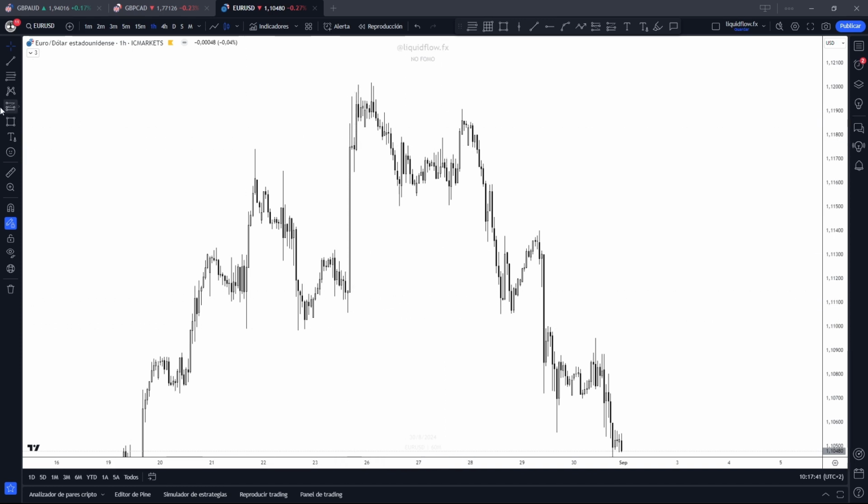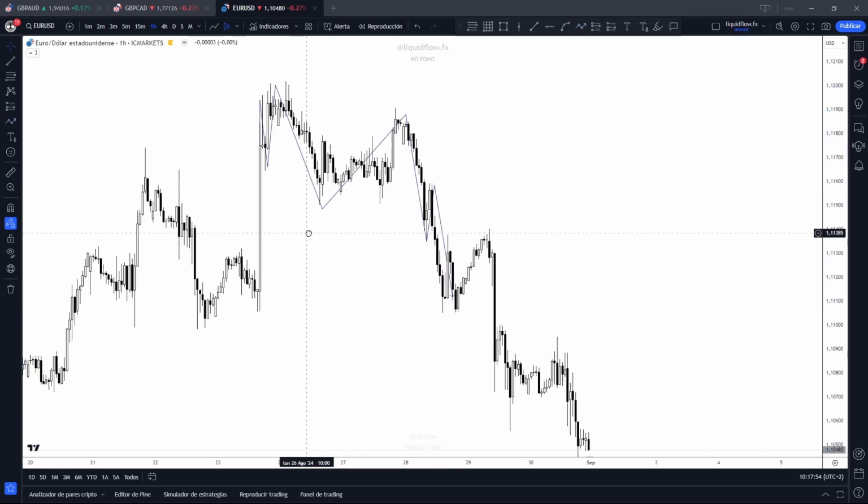Let's use this one. We have the same: swing high, swing low, swing high, break. So this must be respected, but it didn't. As you can see, you even have some fair value gaps here.